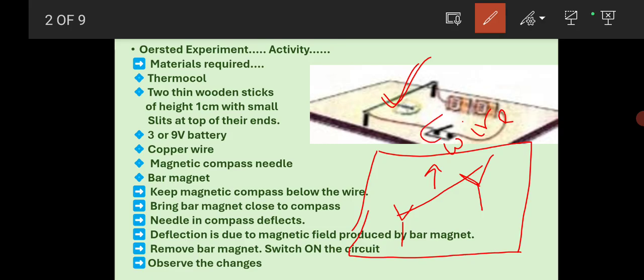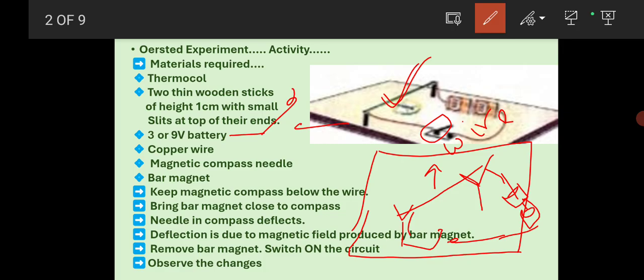Now this is the key, the symbol of key. In such a way we give the symbol of key. Next, the battery. With the help of copper wire, he connected the batteries in such a way.